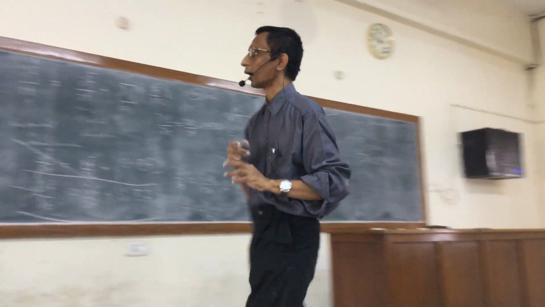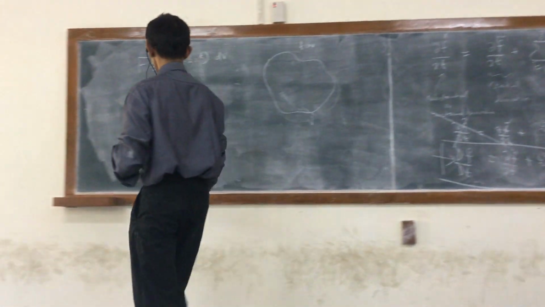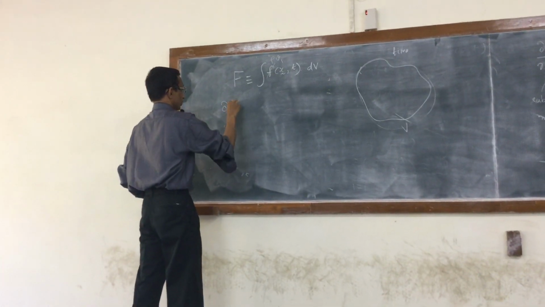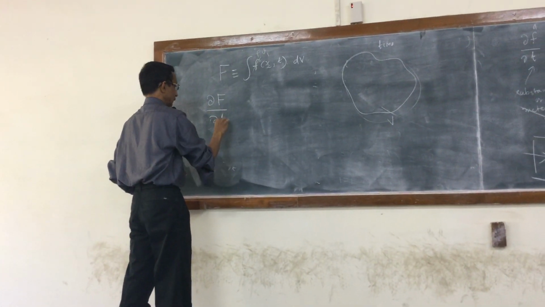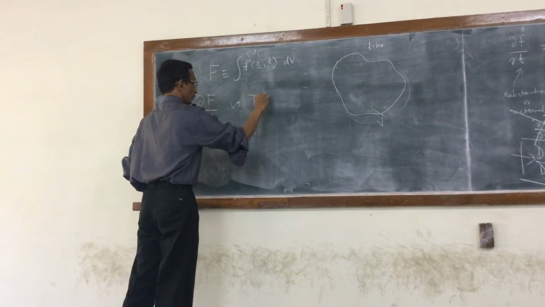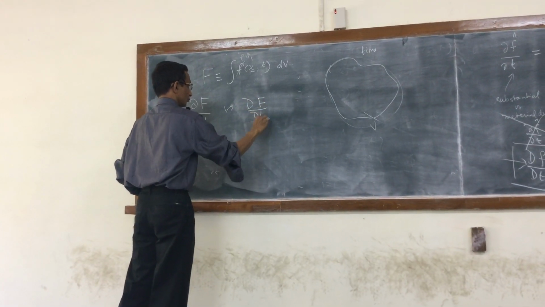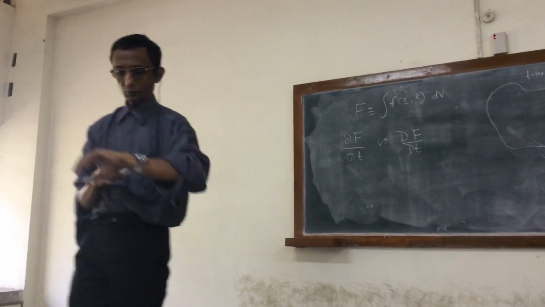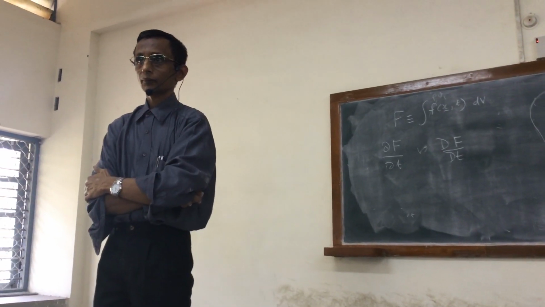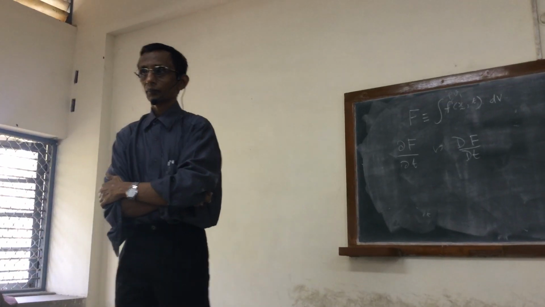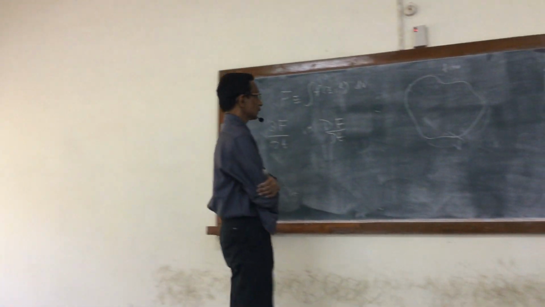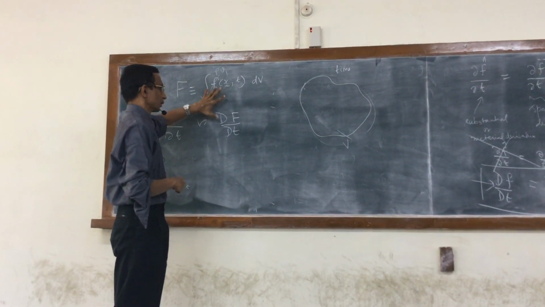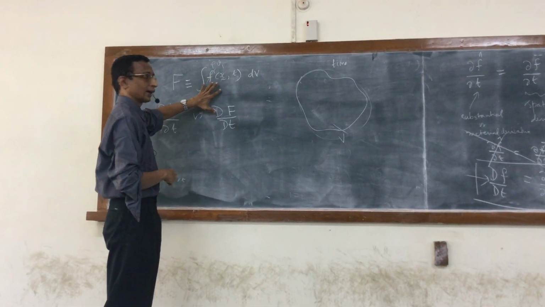Now I can ask, what is the difference between the two derivatives of F, d F by dt? The problem here is because of the variables you have to understand.